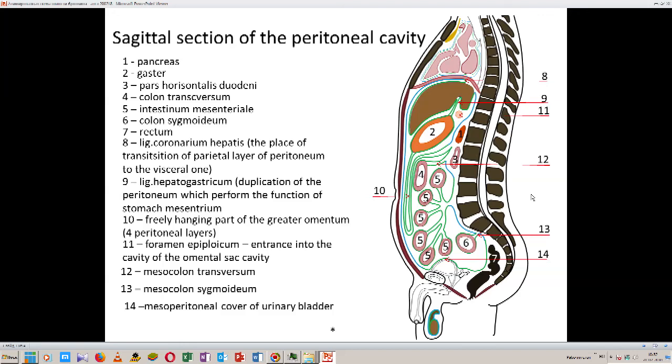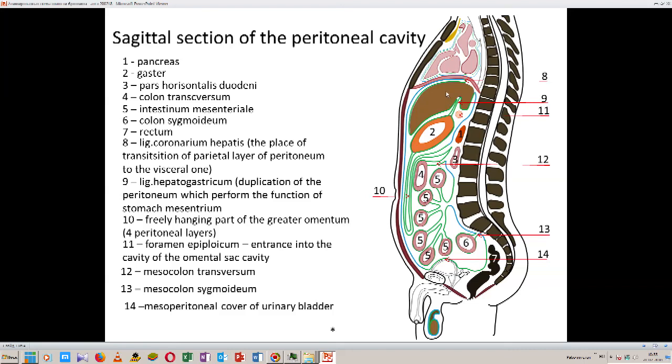So we have drawn this picture, and we should understand the main idea of it, that peritoneum as a serous sheet of abdomen covers all the organs of the abdominal cavity in different ways, either intraperitoneally like intestinum mesenteriale, or mesoperitoneally like urinary bladder or liver, or extraperitoneally like the horizontal part of duodenum and pancreas.